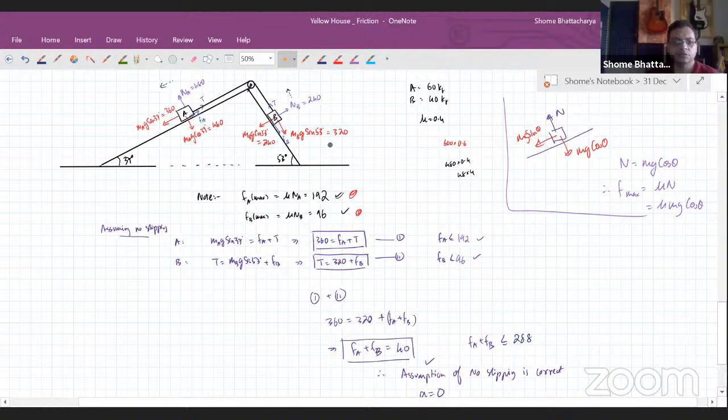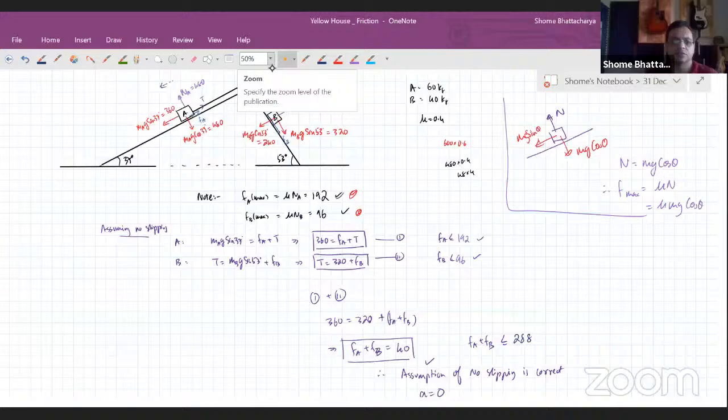So is this clear over here? Okay. So ultimately, see what is happening. The difference of these two forces, 360 and 320, is 40 newtons. So that difference will be balanced by friction.